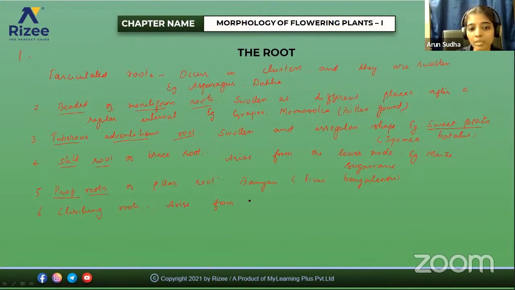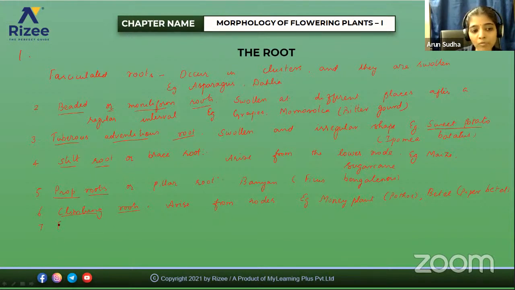Here in the climbing roots, they arise from nodes and help in climbing. The example here is the money plant, also called pothos. Then betel, and then black pepper. These are all examples for climbing roots.